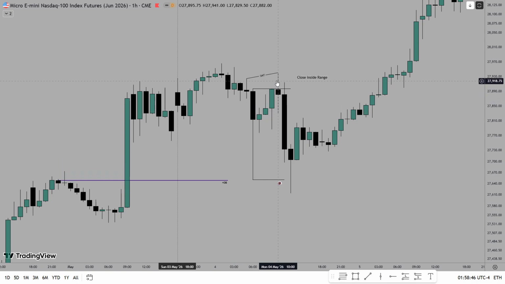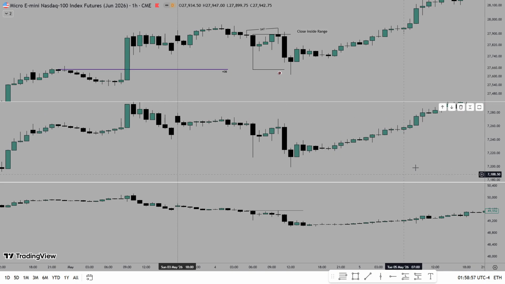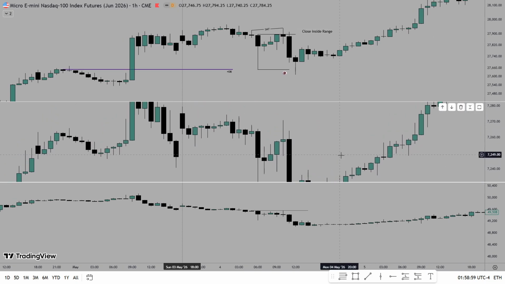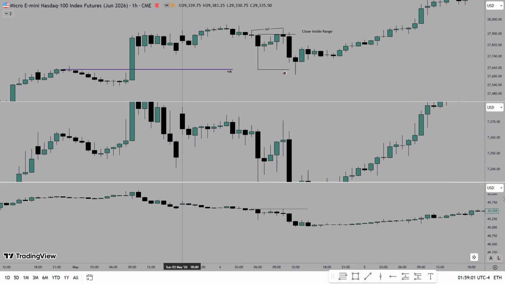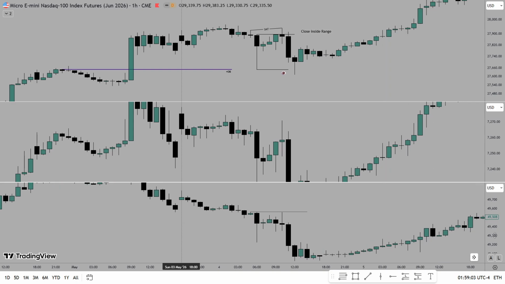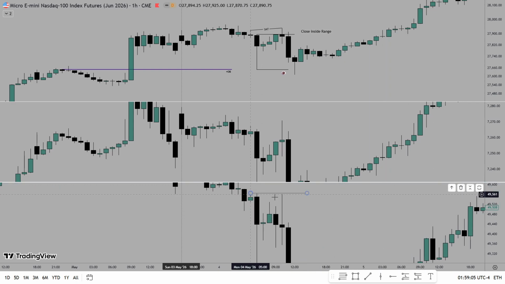When price traded higher and took out this high of 6 a.m., it also formed an SMT with this candle, you can see there. This one. This is the SMT with Dow Jones.